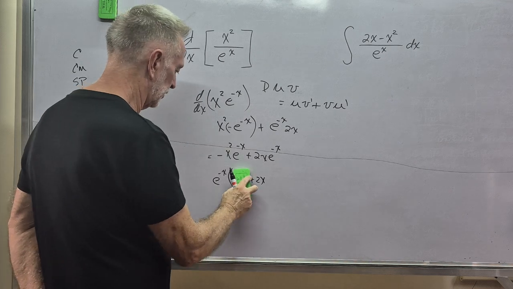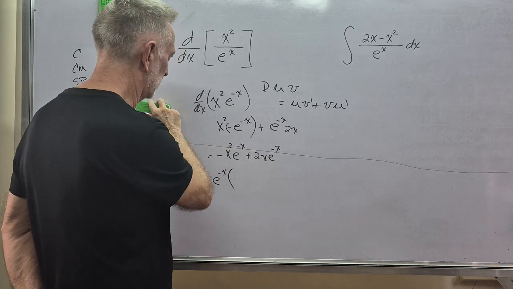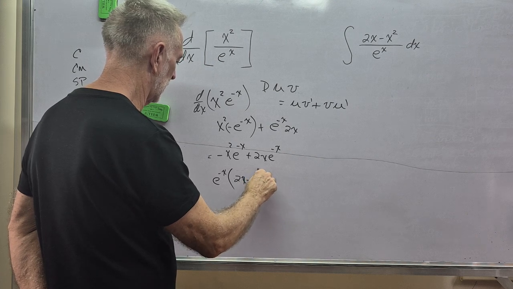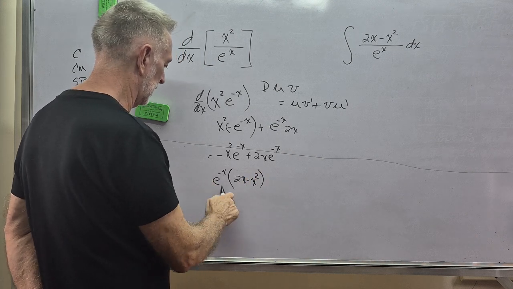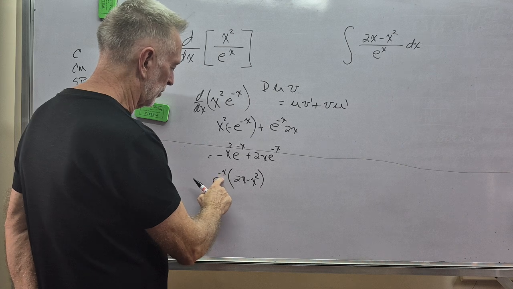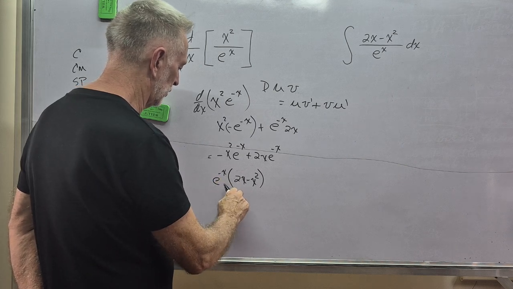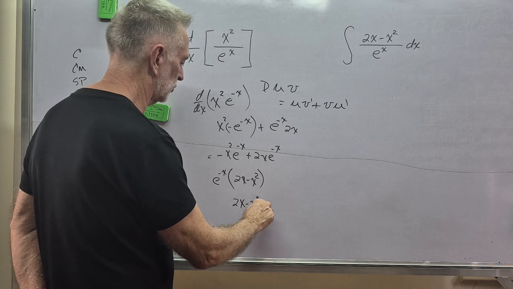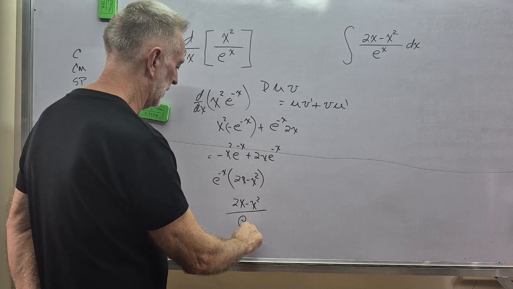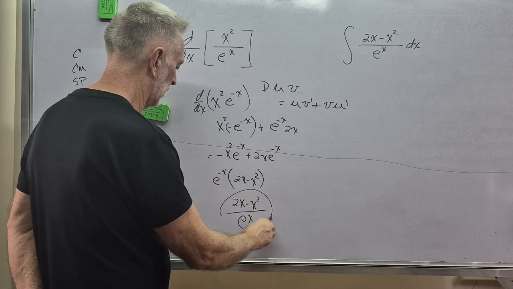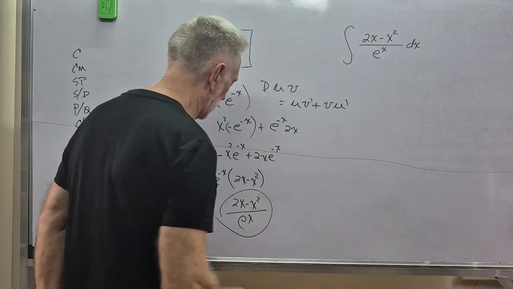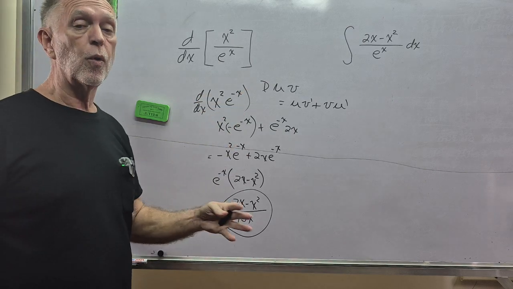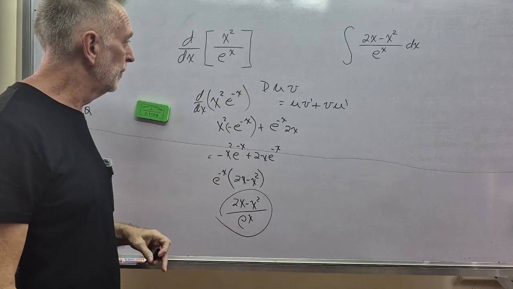I'm going to rearrange that, so that's 2x minus x squared, times e to the minus x. Well, if I pull that back to the denominator, I have 2x minus x squared over e to the x. And that's what I should have gotten.